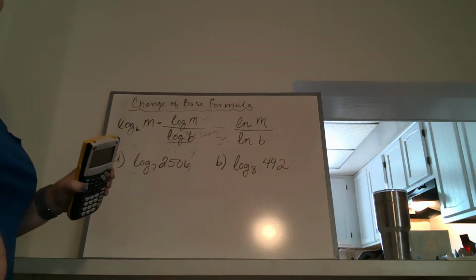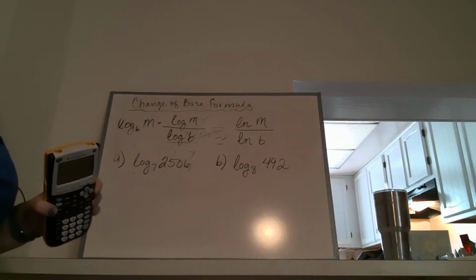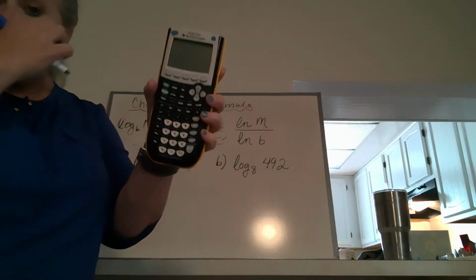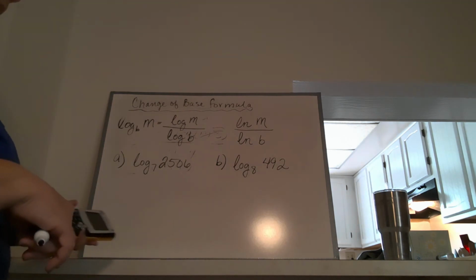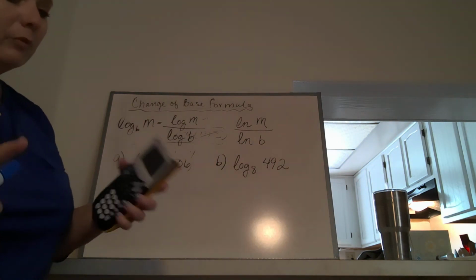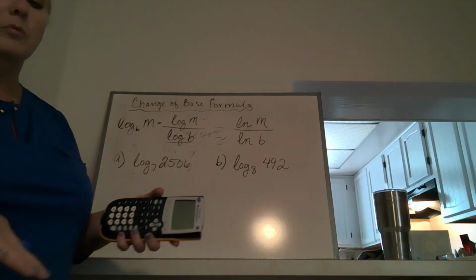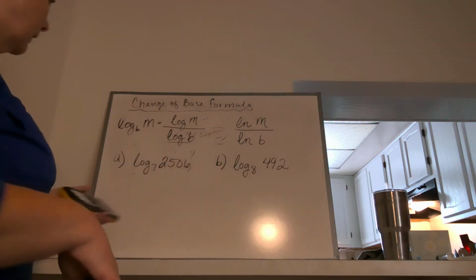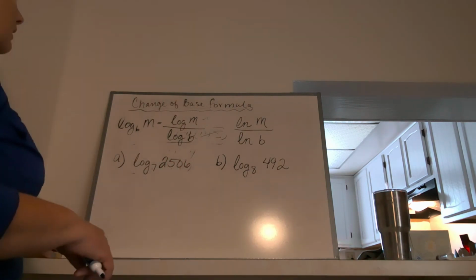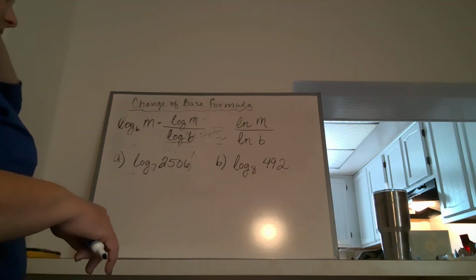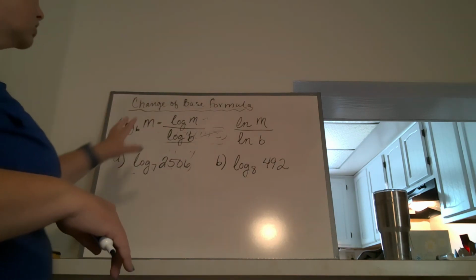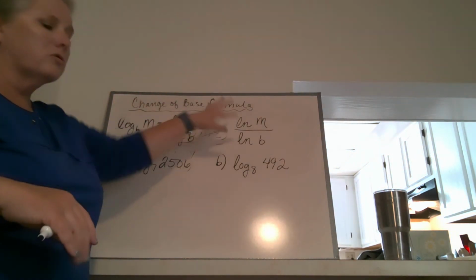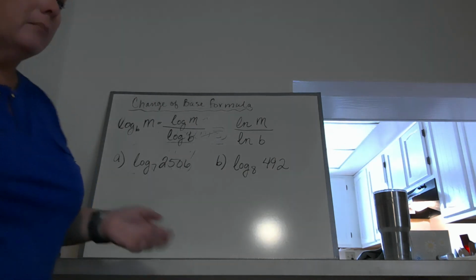Natural log and common log are the only logs that the calculators will do for you, unless you have the fancy one that will let you change the base, and I don't even remember what kind that is. So the change of base formula, ultimately you can change it either to a log or a natural log and your answer is going to be the same.